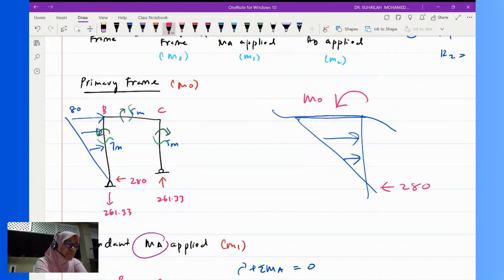This is M naught. Remember, this point is not 80, so we have to interpolate to find the value, with 80 and 7. If this is A, this is X, so the value should be 80 divided by 7, X.